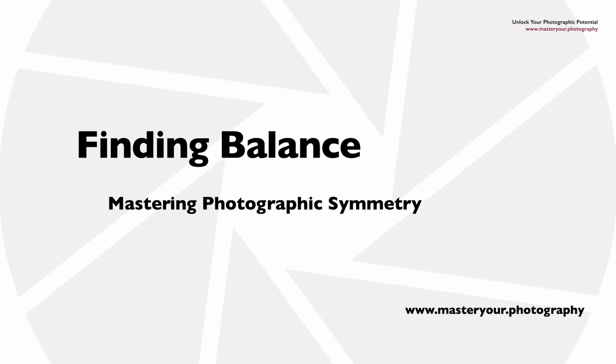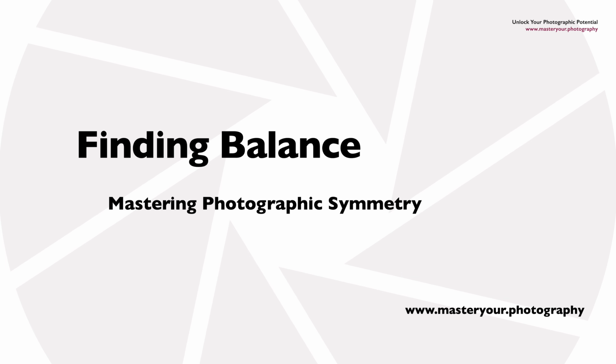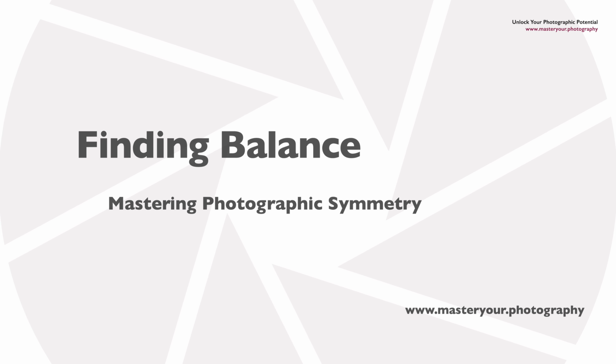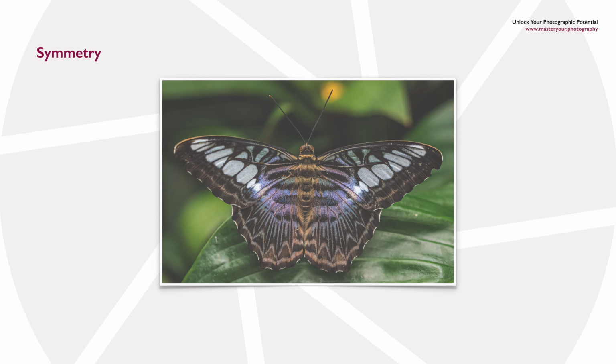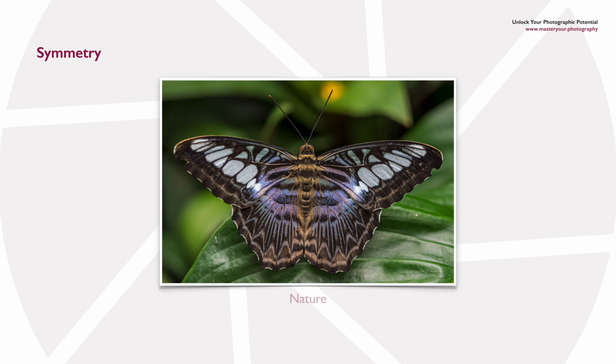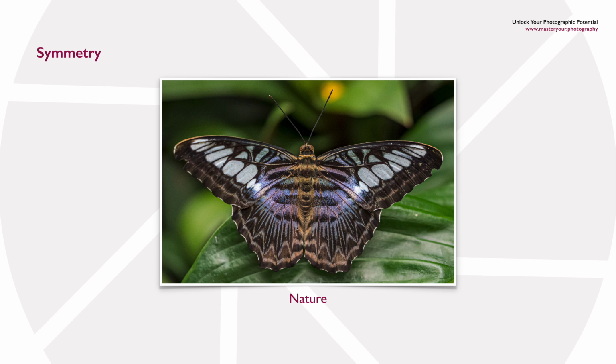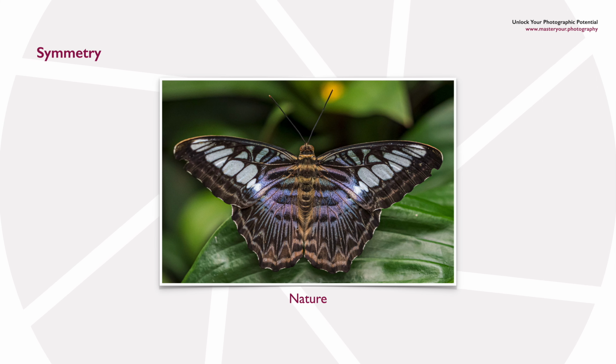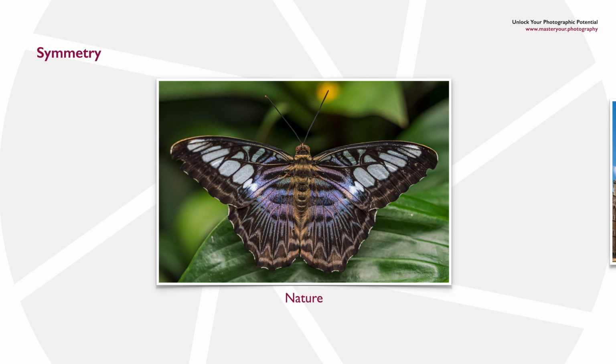One of the most powerful compositional tools that you can use in photography is symmetry. And once you start to look for symmetry, you'll find that it exists everywhere, particularly in nature, where butterfly wings, plants, gardens, etc. are just absolutely full of symmetrical designs and patterns.